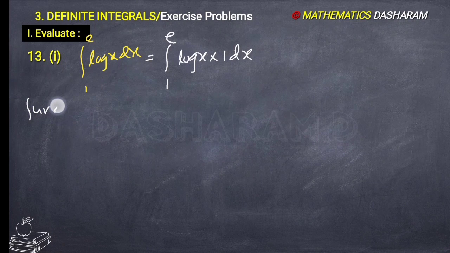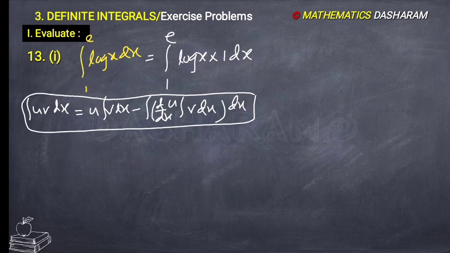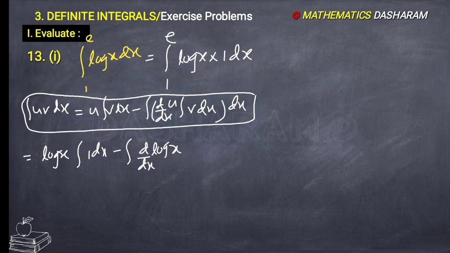Now apply the u into v formula. Integration of u into v dx equals u into integration of v dx, minus integration of d by dx of u into integration of v dx, next to whole dx.